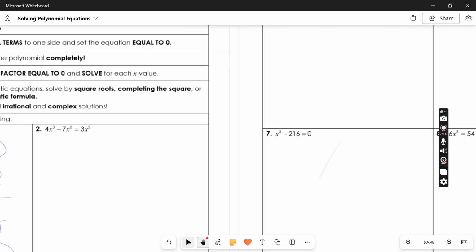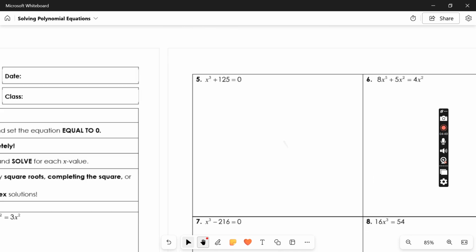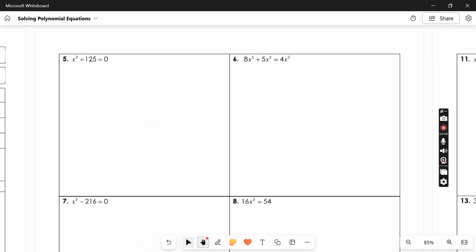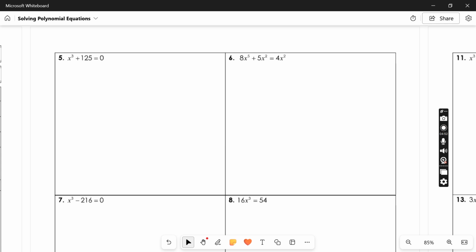All right, so we're going to keep going. Okay, we have x cubed plus 125 equals 0. Notice this one is already set equal to 0, so we're good there. We want to look through our two terms, and if you notice, this one would be the sum of cubes.